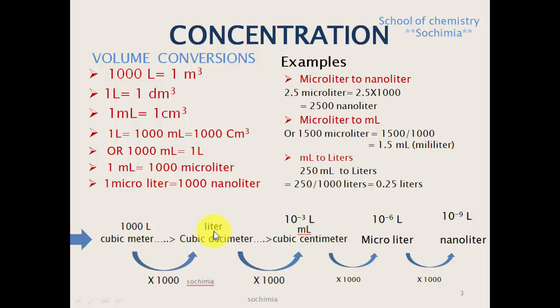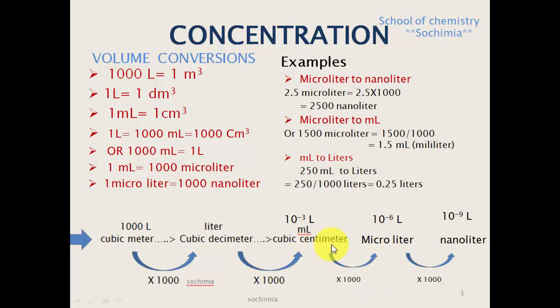So if you have volume in liters and you want to convert that into ml, you need to multiply that by 1000. Similarly, if you have milliliters and you want to convert them into microliters, you need to multiply by 1000.